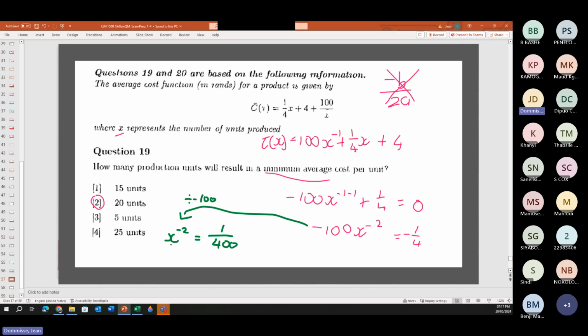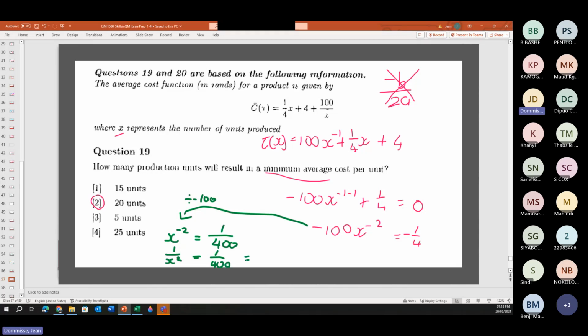So I can rewrite the x to the power of minus 2 as 1 over x to the power of 2, and that is equal to 1 over 400.